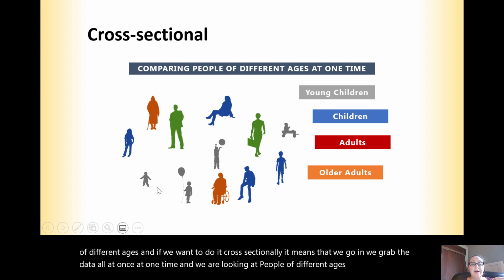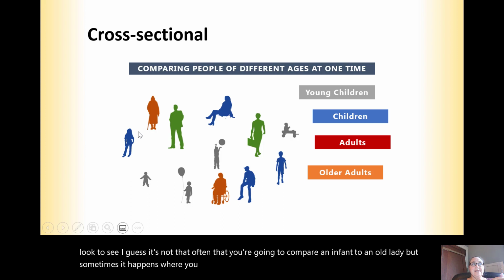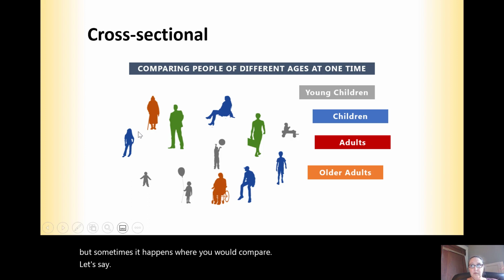It's not that often that you compare an infant to an old lady, but sometimes it happens, where you would compare, let's say, happiness levels between young children, teenagers, adults, and old people.